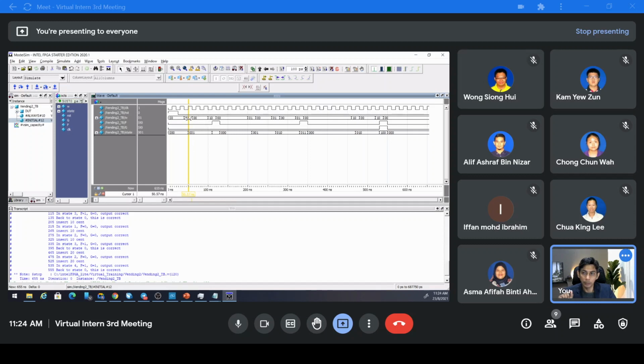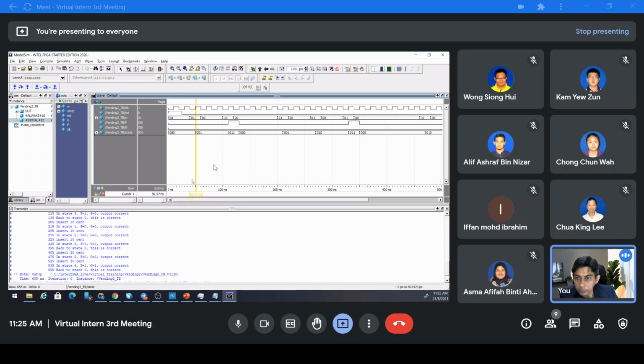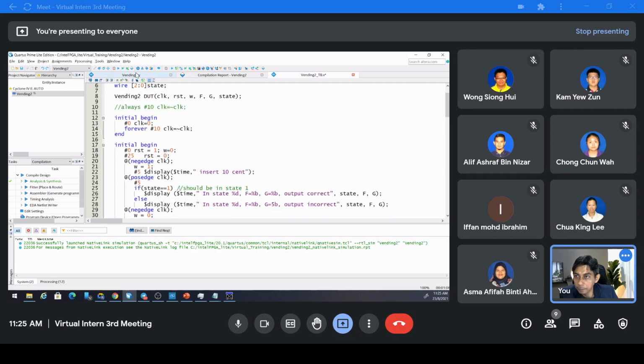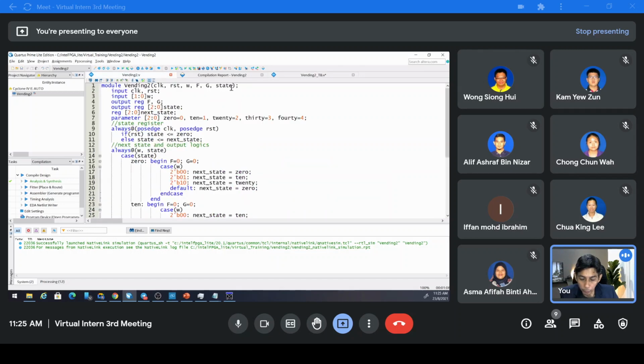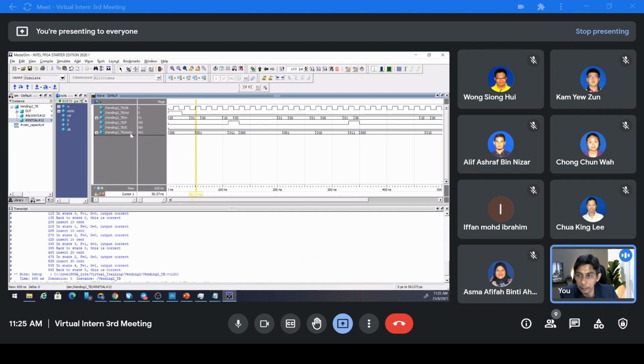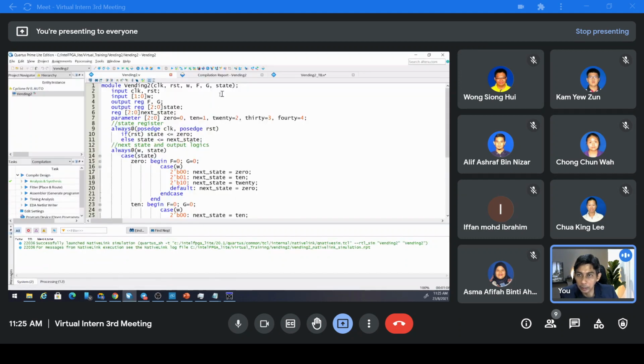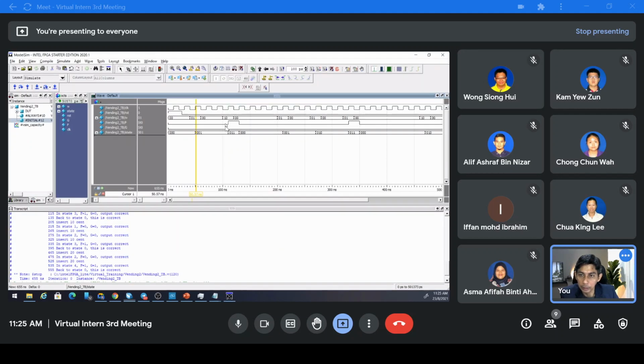So for example, this one, we insert 10, go back to 0, insert again 20 cent, and the output here, F equal to 1, and then we go back to state 0, right. So this is actually state 3, state 0, state 1, state 3, right. And because in our RTL code we have this state at the output, that is why we can see the state here, right. That is why I have this in our code as well.